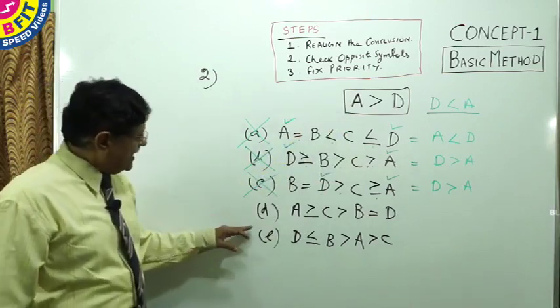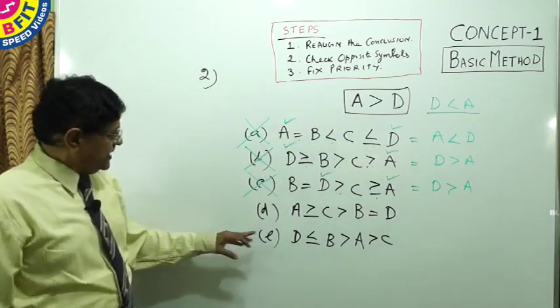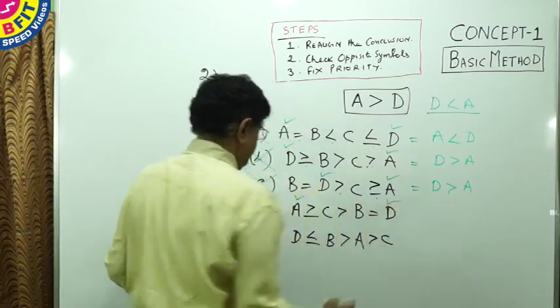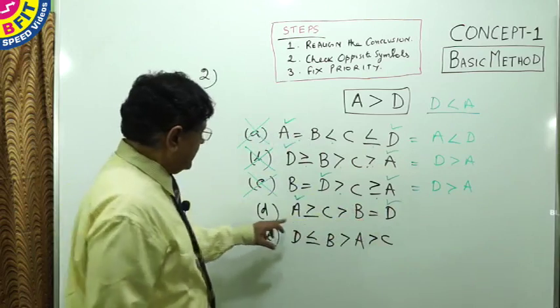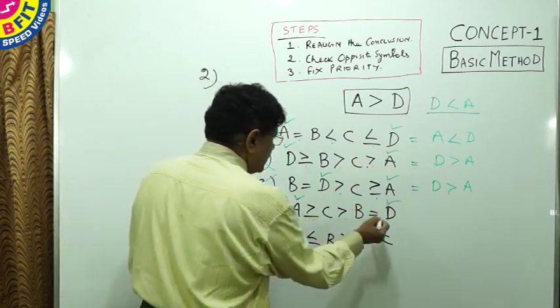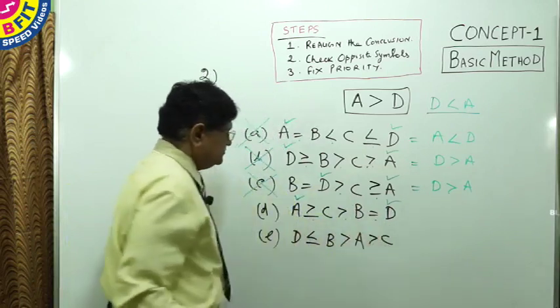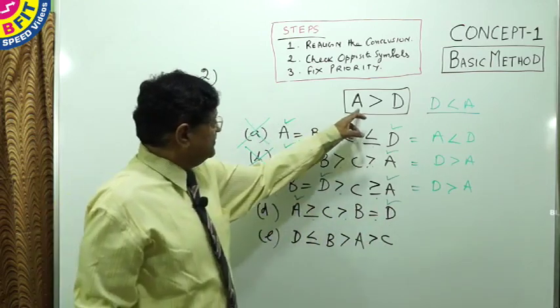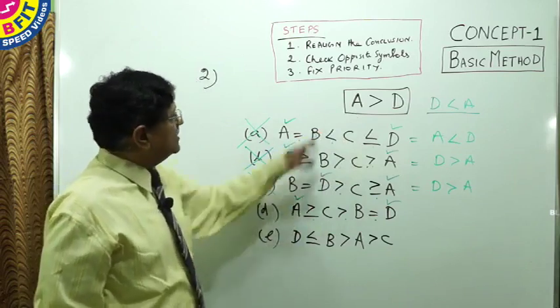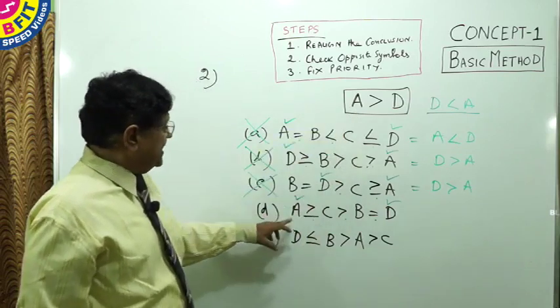Now let us go to expression D. Element A is here, element D is here. Between A and D, what are all the symbols? Greater than or equal to, greater than and equal to. This conclusion and the statement are in sync. Therefore there is no need to realign the conclusion.